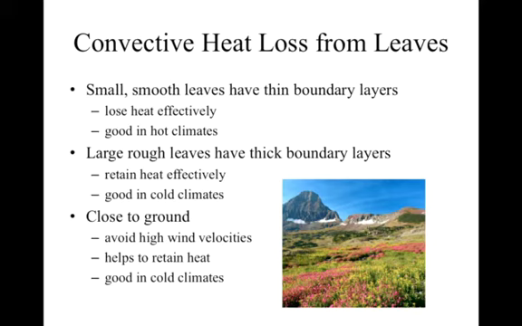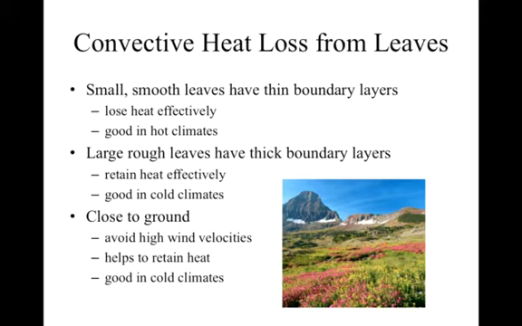So not surprisingly, if we're interested in modifying convective heat loss, especially from leaves of plants, we don't just have the option of pubescence. We can actually do some other things. Small, smooth leaves tend to have thin boundary layers, and so the air moves over them really quickly, and that causes them to lose heat effectively.